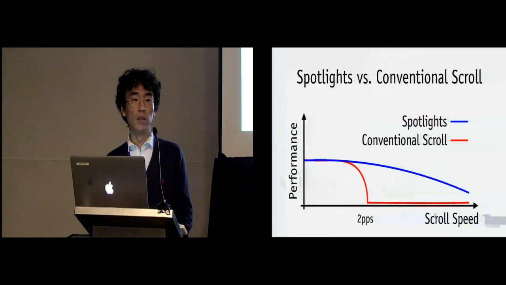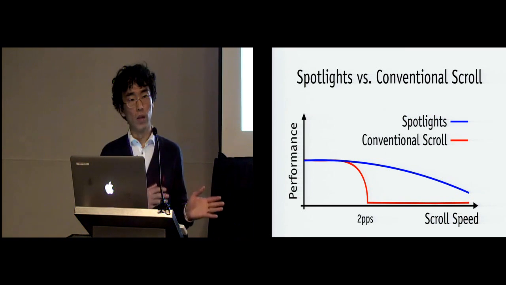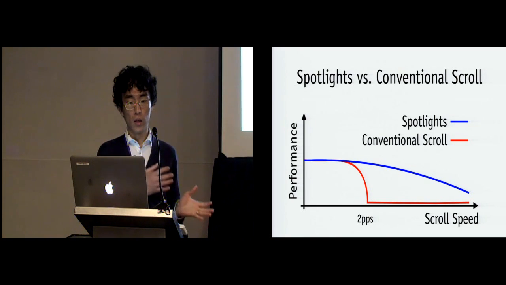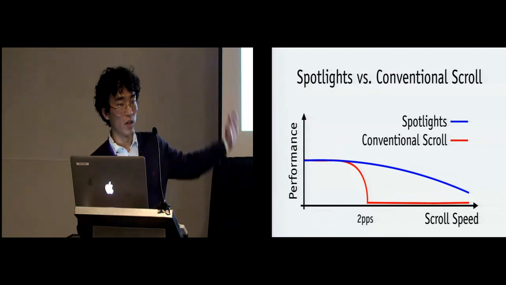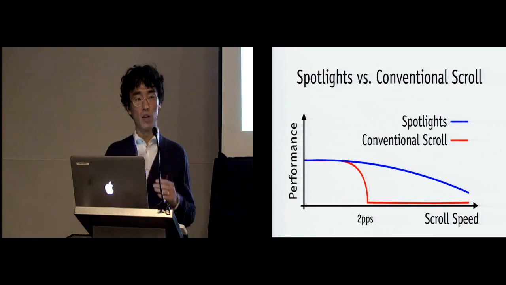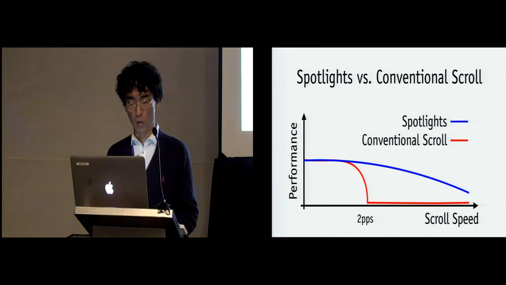Before starting this research, our hypothesis was that these transparent overlays would not affect the performance of conventional scrolling, but would improve almost everything beyond 2 pages per second, because we are not getting anything from the current scrolling technique. So there is a lot of room to fill with Spotlights, and from our user study, the hypothesis was proved to be correct.